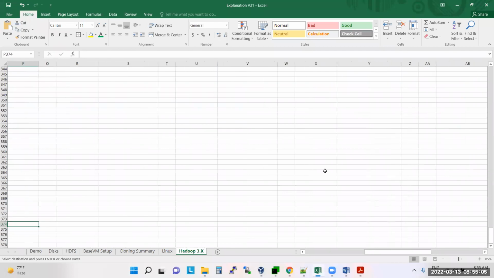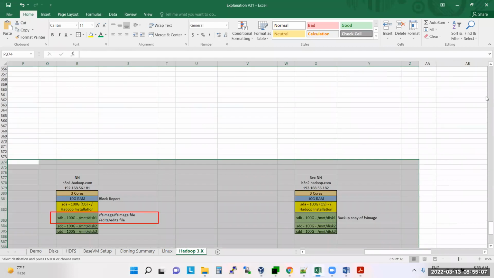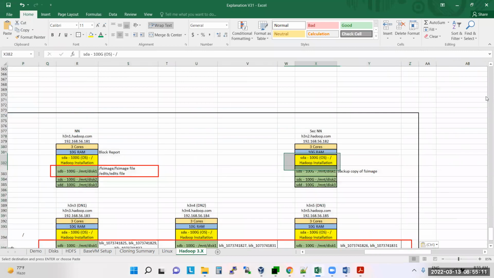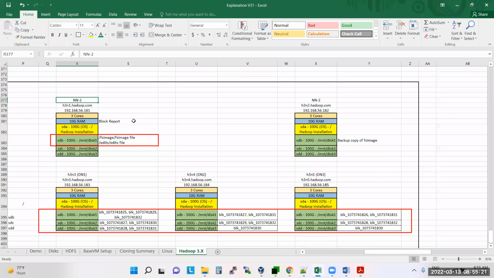So here, this is not secondary name node. In this place I have name node 2, right? This is name node 1, name node 2. Our idea is to maintain that, and in this machine we thought to run the journal node. So for journal nodes, I'm giving this path.